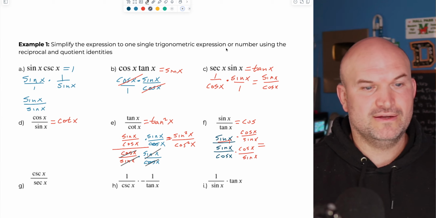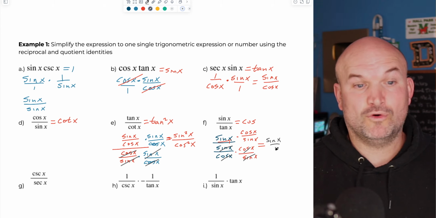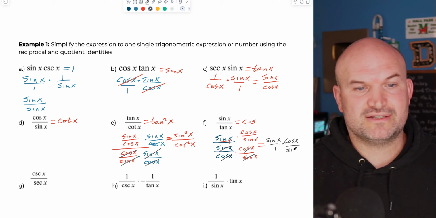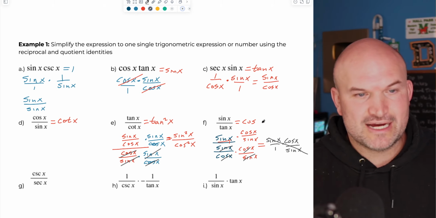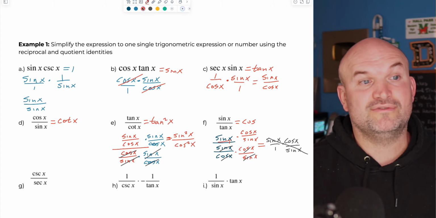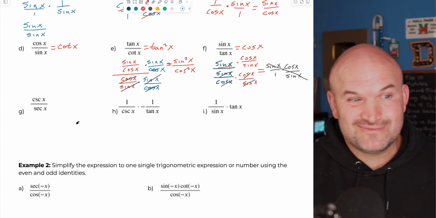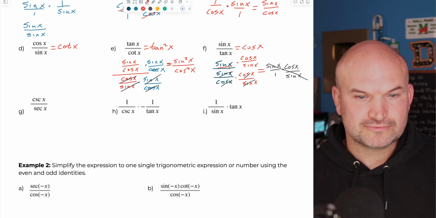So we can see here, these again divide out, and then I'm left with a sine of x over 1, right? Because you can always write it over 1 times a cosine of x over a sine of x. And that's how you can see that those will divide out. That's how we just leave this with a cosine of x. All right, more fractions. You can see, guys, we need to get better at these fractions, right? It's kind of important here.